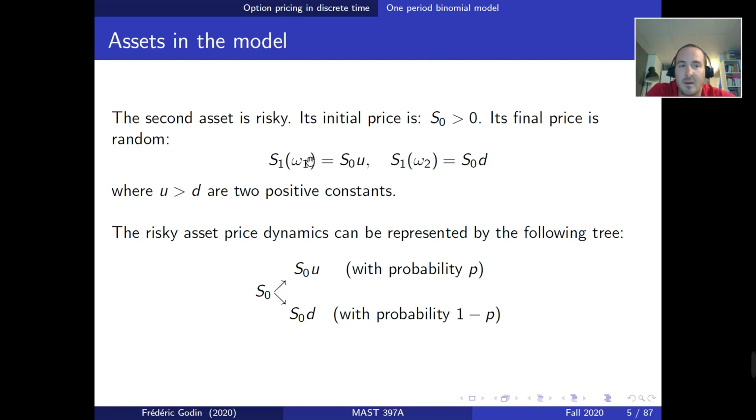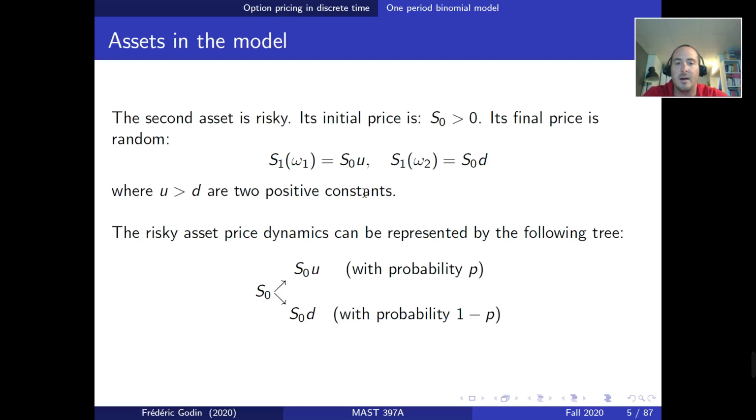Okay, so if outcome omega 1 occurs, then the price of this asset S at time 1 under outcome omega 1 will be S0 times U. So its initial price is multiplied by U. And if the second outcome occurs, the price of the risky asset at time 1 under the second outcome would be S0 times D, where U and D are two positive constants, and U stands for up, D stands for down.